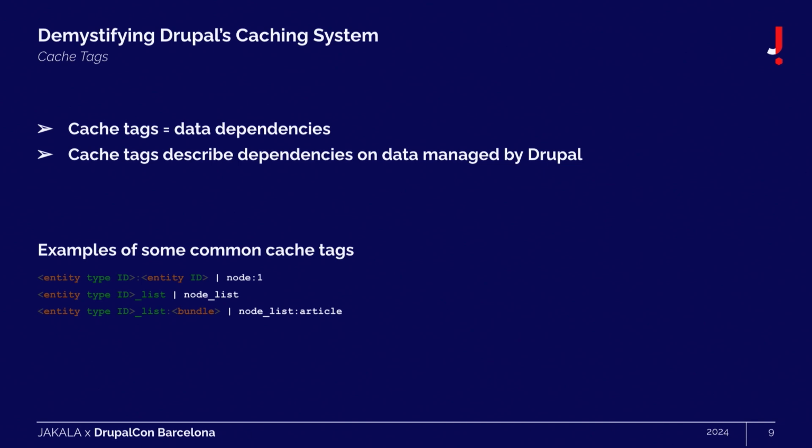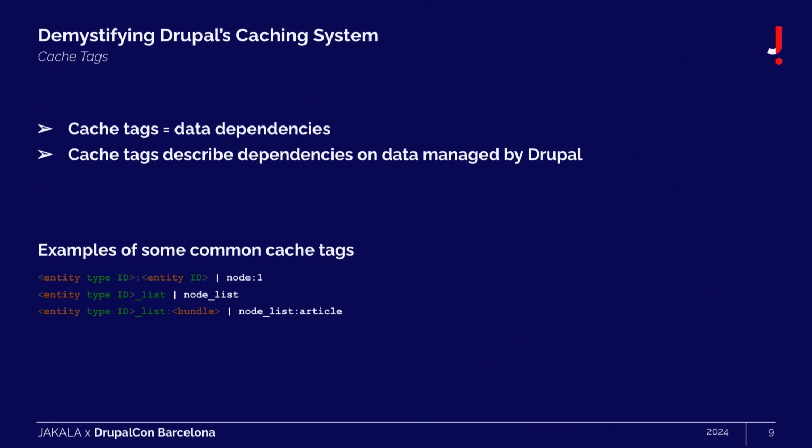The second thing is cache tags. As we keep the cache data in the bins, we have the ability to say this data depends on a certain tag, and as long as the tag is invalidated, the data is also invalidated. Cache tags have a syntax like this: entity type ID, colon, entity ID.